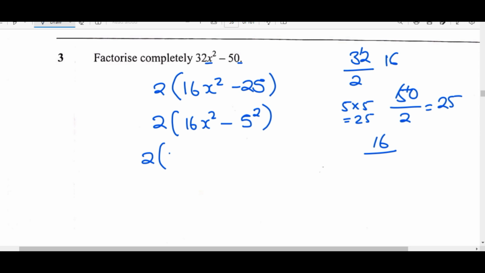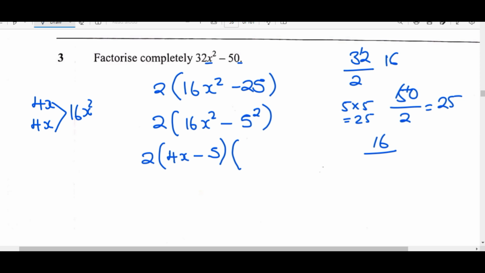So we have 4x minus 5, you close, and then you open again, because we have 4x, and then again we have 4x to give us 16x squared.